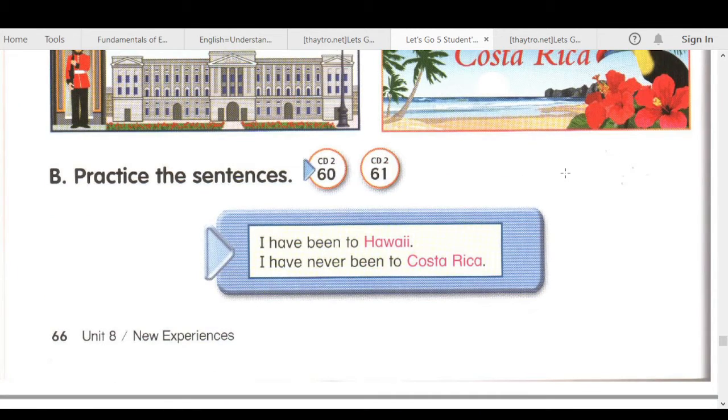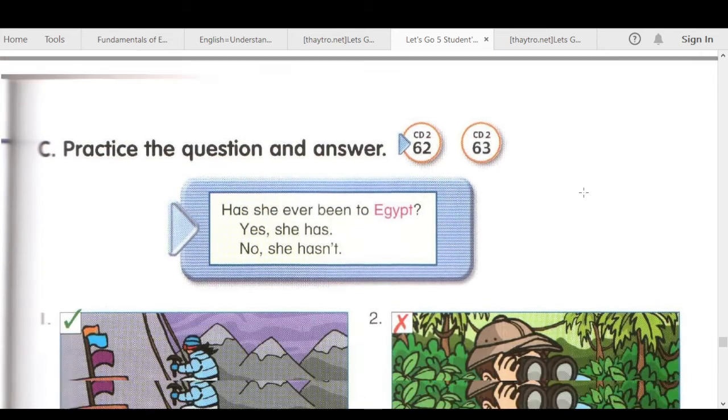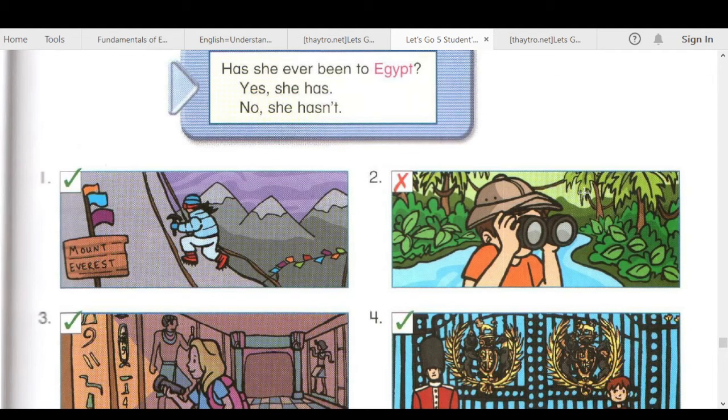C. Practice the question and answer. Has she ever been to Egypt? Yes, she has. Has she ever been to Egypt? No, she hasn't. Number 1. Has she ever been to Mount Everest?